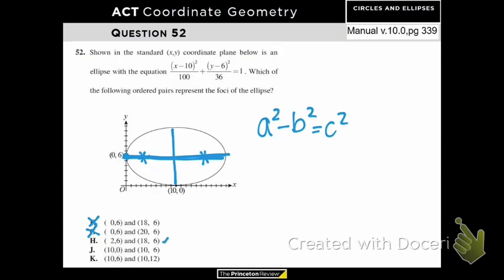Let's make sure that no other ones do. 10, 0, and then 10, 6, no, because those are on the ellipse. And then 10, 6, and 10, 12 would be up here. That doesn't make sense. So, nope, has to be H. Again, foci are always on the longer axis inside the ellipse.